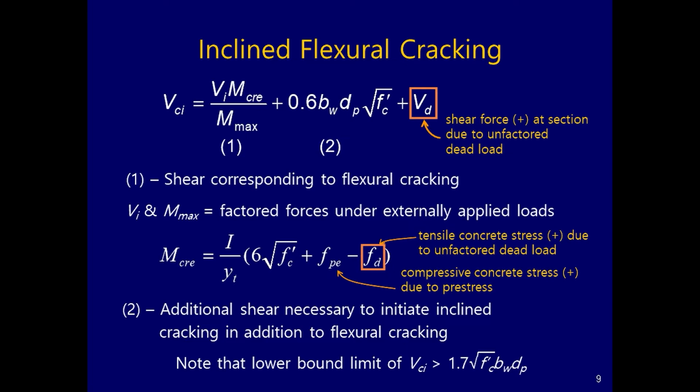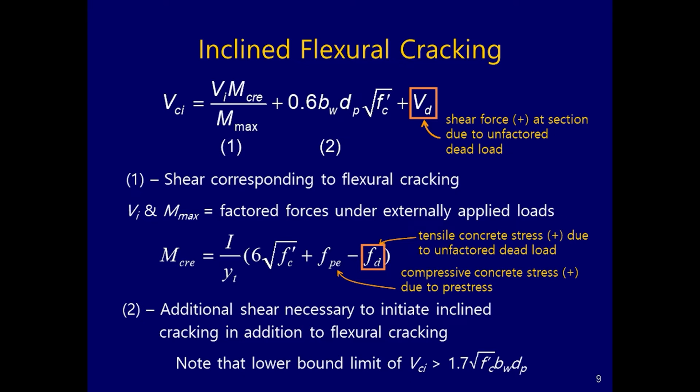In the code, it's defined as the shear force due to unfactored dead load. So it may be interpreted as self-weight plus superimposed dead load. However, when you look into the literature, you will find out that actually it's the self-weight. So it's a little different from the definition in the code.